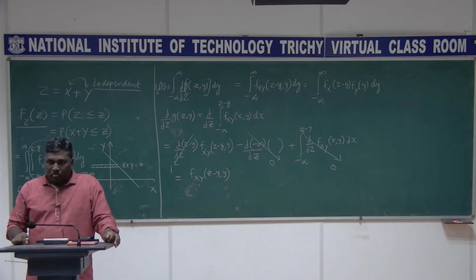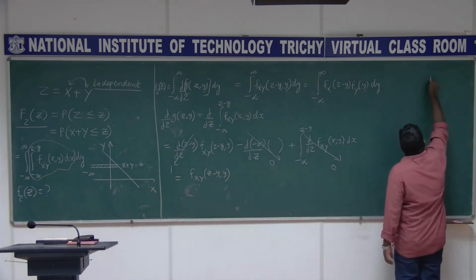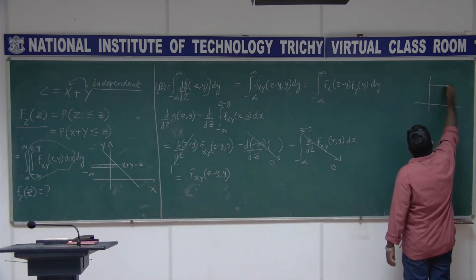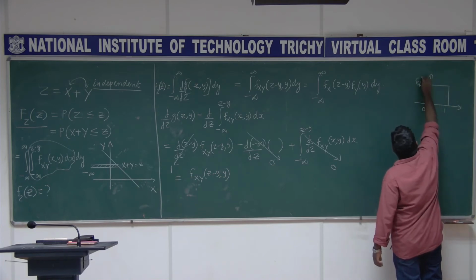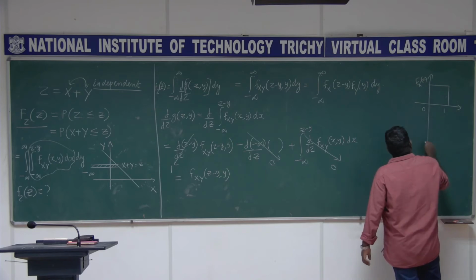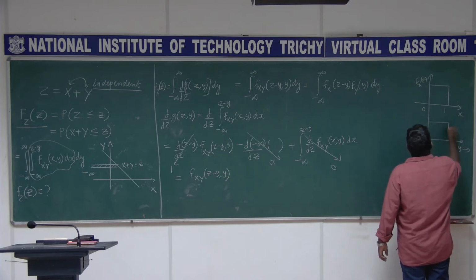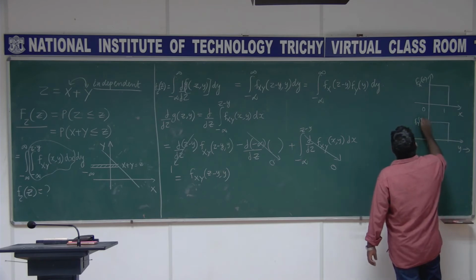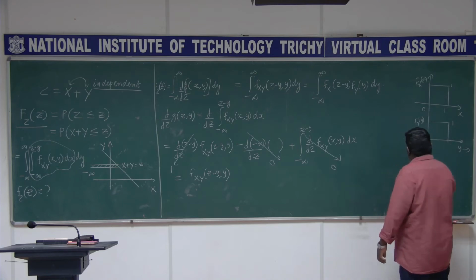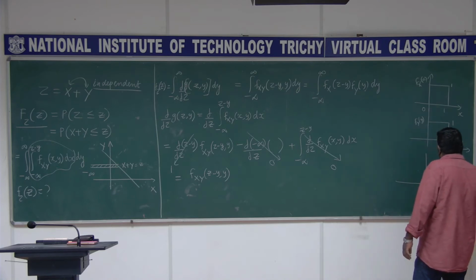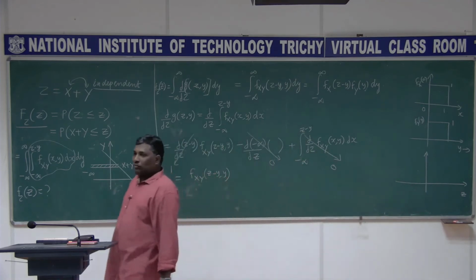Fz of z. For instance, suppose the density function of x is uniformly distributed from 0 to 1, like this, and again assume that the density function of y is also uniformly distributed, this is 1 here, this is 1 here. Then fz of z is the convolution of these two.